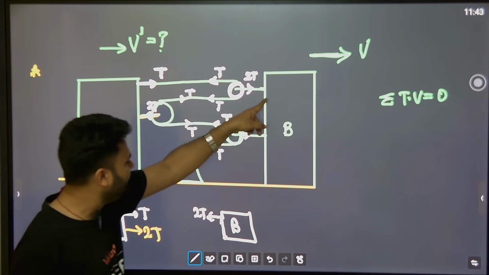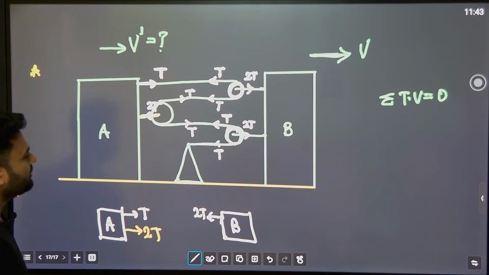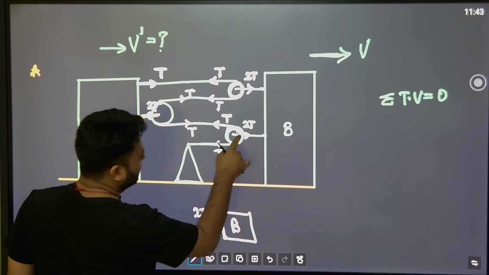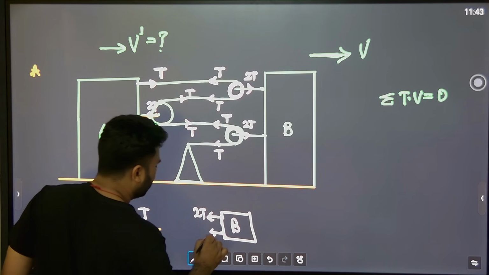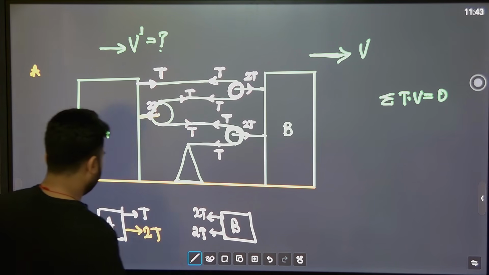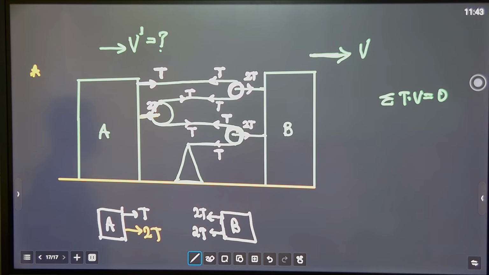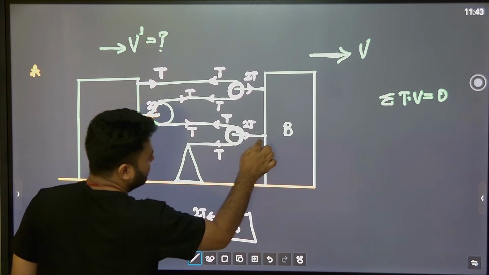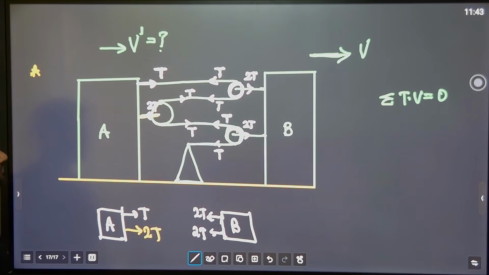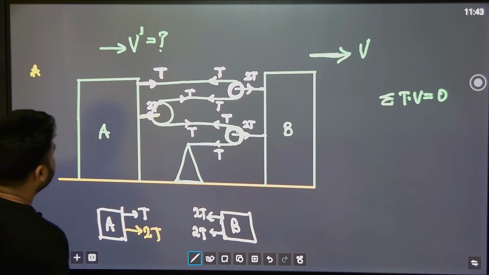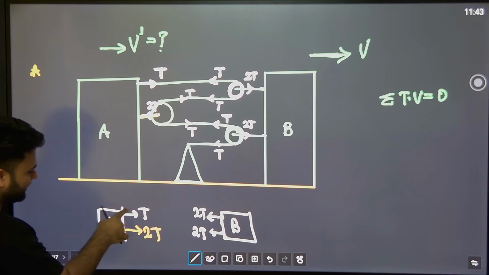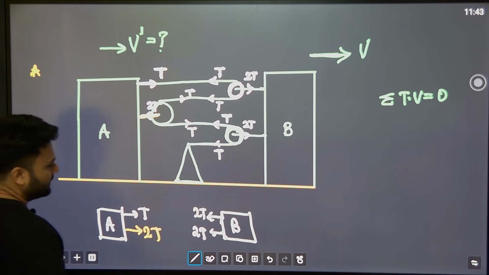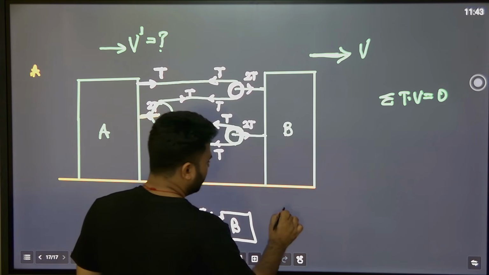For B, tension will act away, means here 2T. Similarly here, this is 2T.